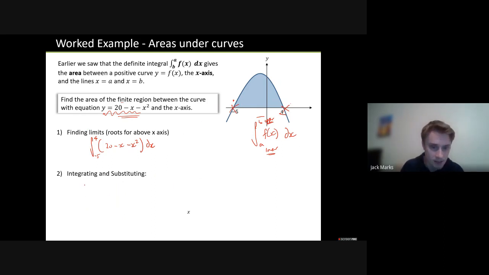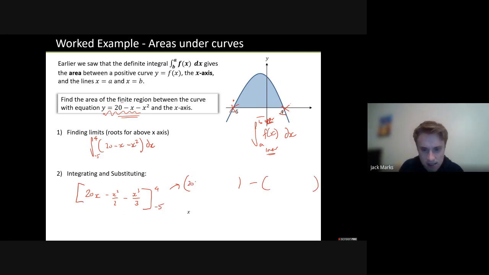So integrating and substituting, if we integrate, we'll get 20x minus x squared over 2 minus x cubed over 3. And then we'd need to put in those values of 4 and minus 5. So we'll just show you one, and then I'll show you the answer for a neater version.